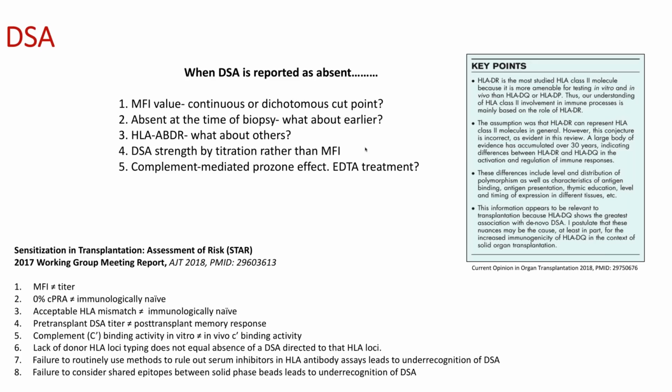And then finally, other antibodies, when DSA is reported as absent, recent papers are bringing in more about this: DSA strength by titration rather than MFI is important. So an MFI value, or mean fluorescent intensity value, can reflect one thing.